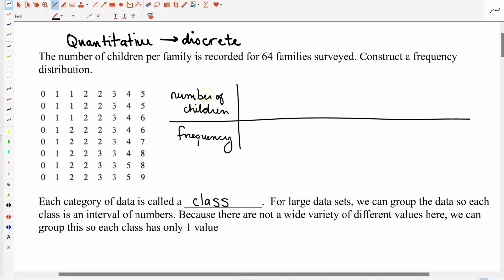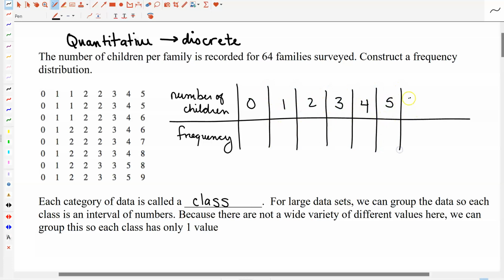For the number of children, the data that I'm tracking, the values span between 0 to 9. So I'm going to start breaking this up. So 0, 1, 2, 3, 4, 5, 6, 7, oh, don't want to run out of room, 8, 9.